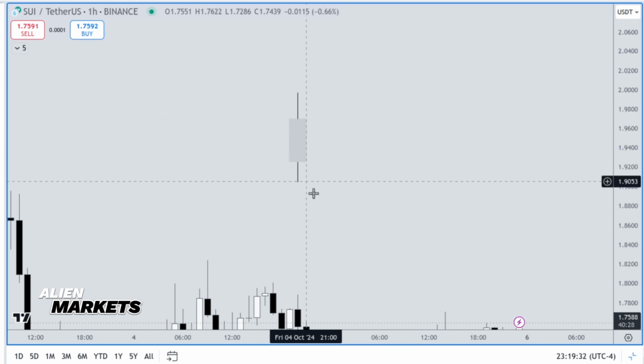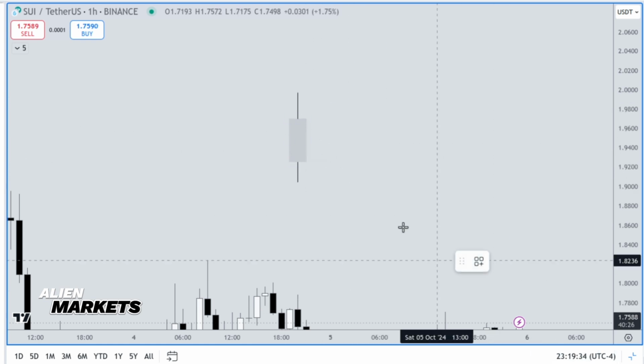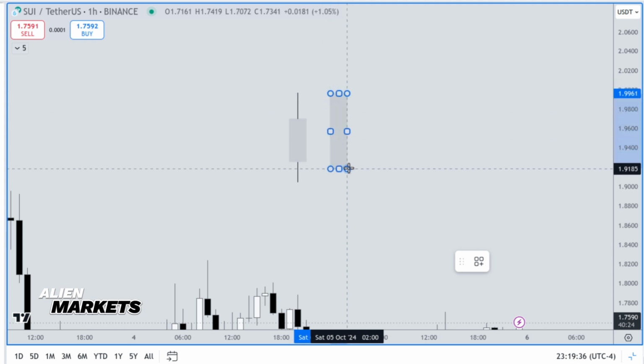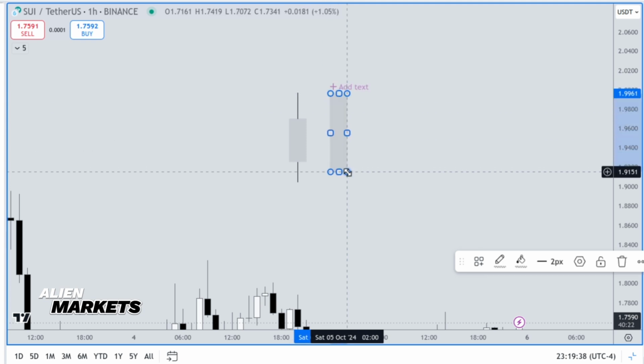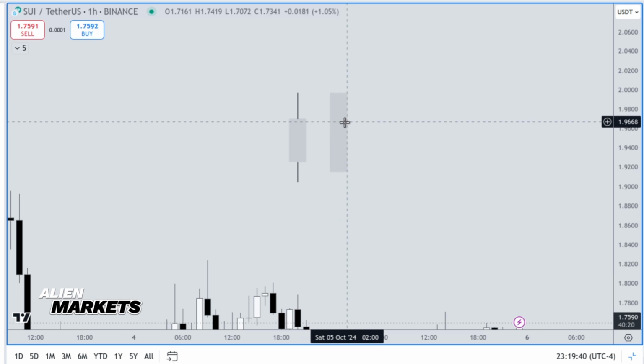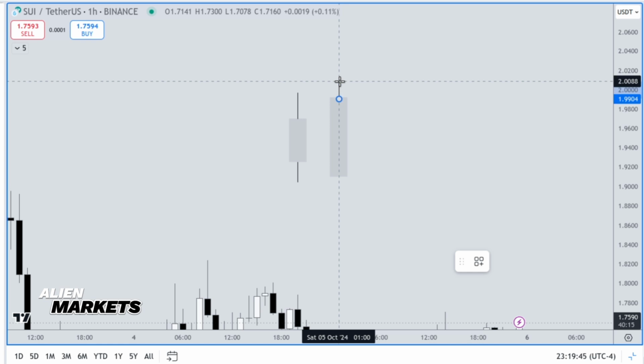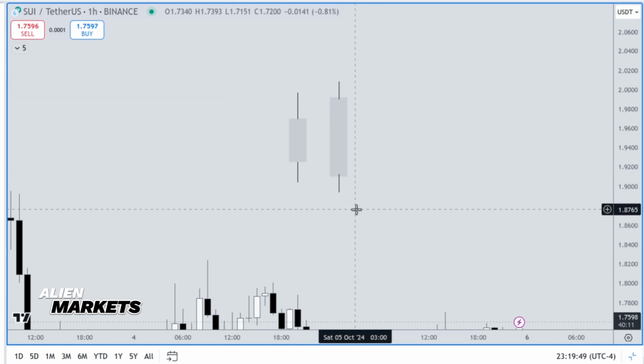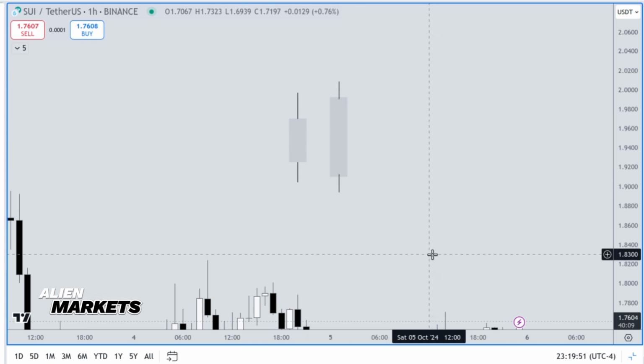we have a bar, and then we have another bar that takes the high and the low in the same candle, right?